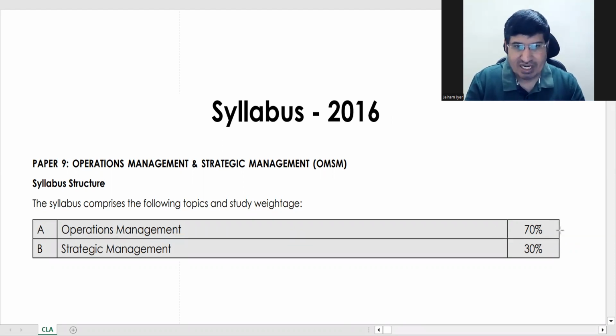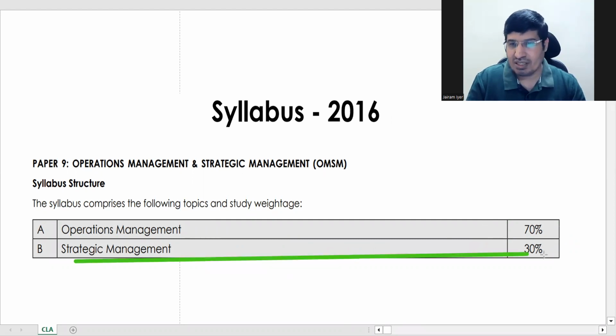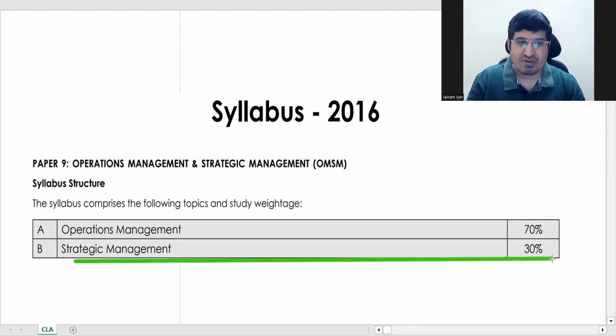Now for strategic management in the old syllabus, we have 30 marks, and in the new syllabus, we have got 40 marks. That's the only difference. There is one small chapter which has been added in the new syllabus. Otherwise, the 3 chapters in strategic management of the old syllabus continue to be there.